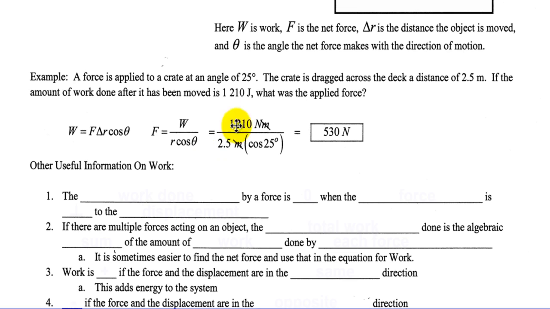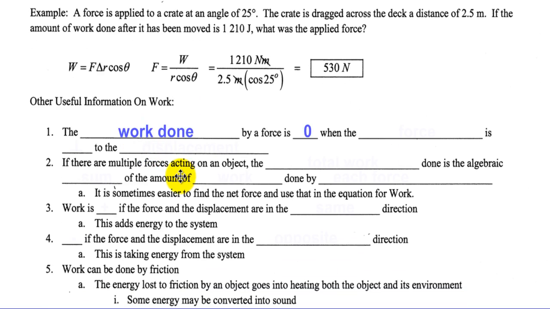It's moving horizontally, and assuming the 25 degrees is measured from that horizontal direction, you just rearrange the equation, plug in your numbers, and you've got your force. You need a 530 Newton force to do 1,210 joules of work.